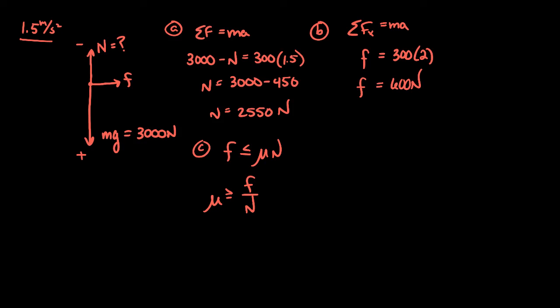Preserving my inequality there, I'll have 600 divided by 2550. And the coefficient of friction is a unitless quantity. Alejandro says it's 0.24. I think he's right. You guys think he's right? I assume 600 divided by 2550 was within his calculating abilities.